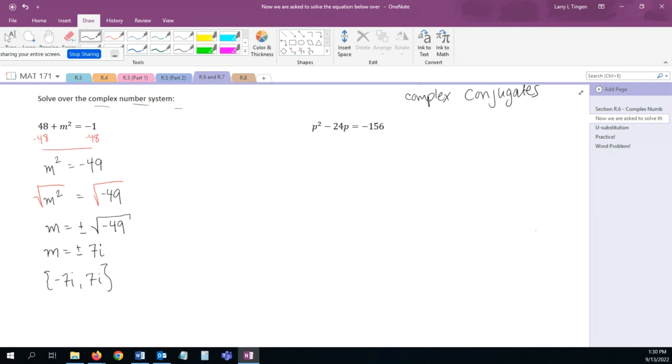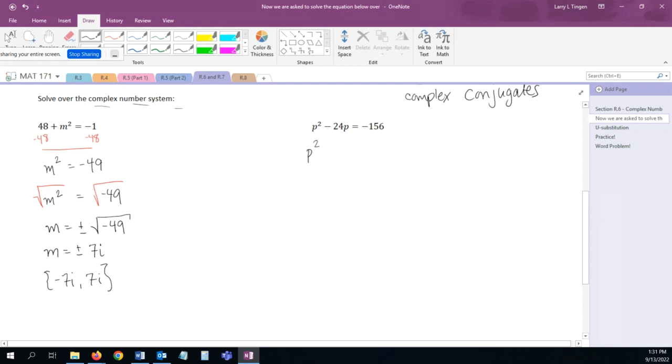All right, in that case, let's go on and deal with our next quadratic. Let's get everything on one side so that it equals 0. Does everybody understand the difference in the attack on this problem versus the problem on the right?